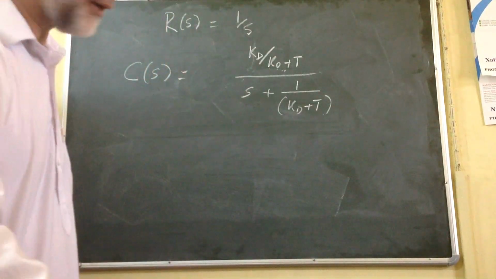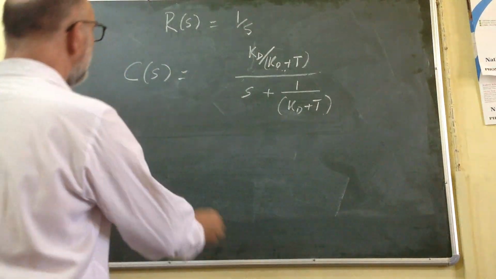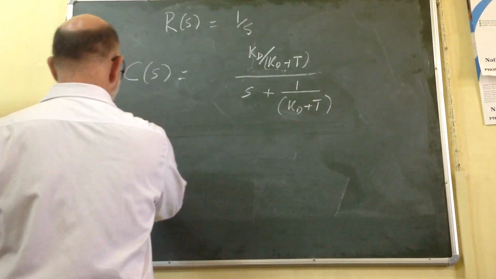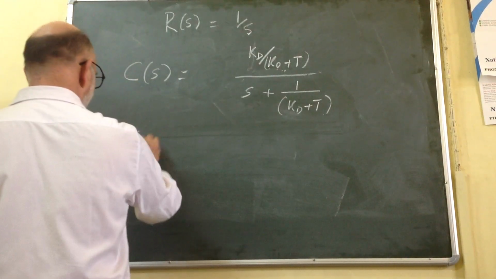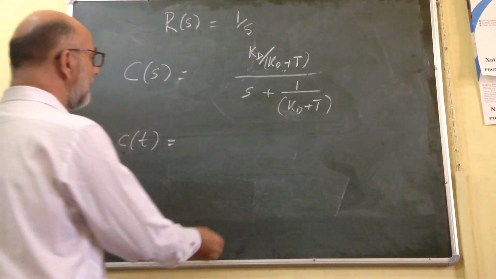Now it is in a form where the inverse Laplace transform can be obtained easily, so we'll have the response in the time domain, which now we're writing with small letters.